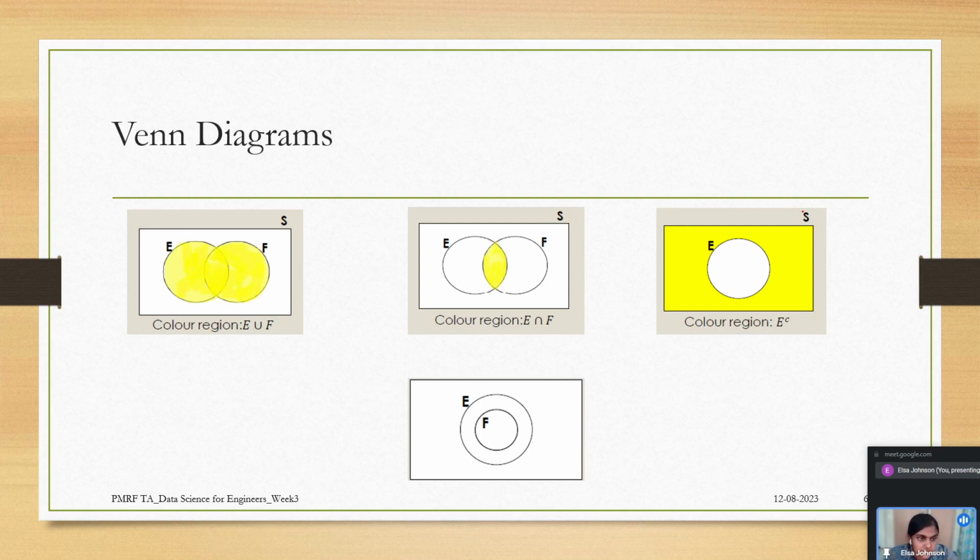The total sample space will contain all the throws of the die. Now this means that events E and F are present and event F is a subset of event E.